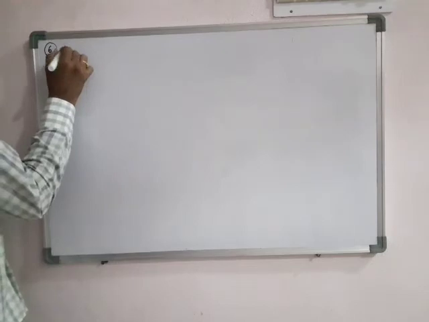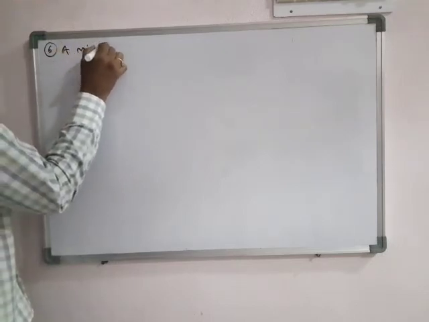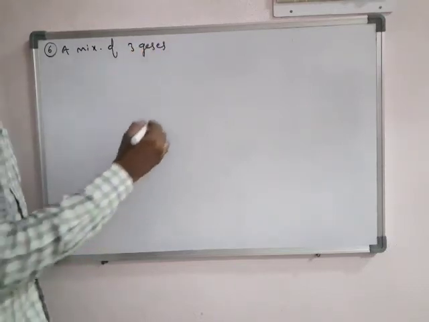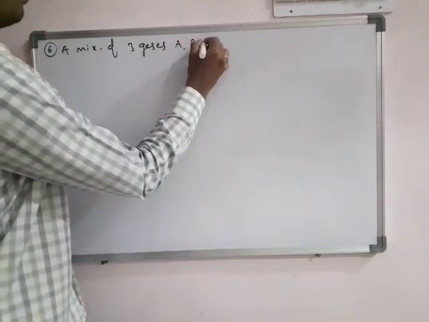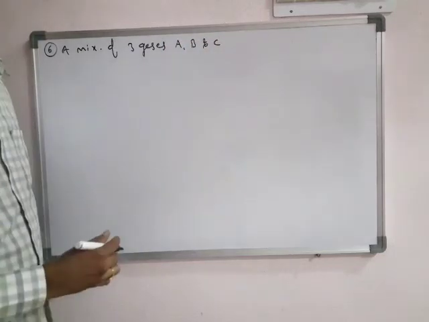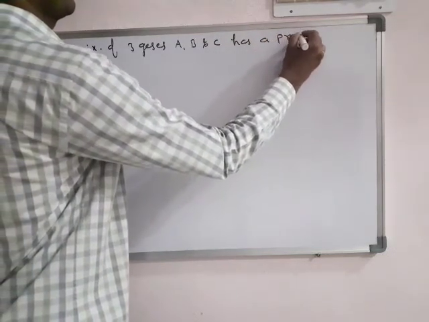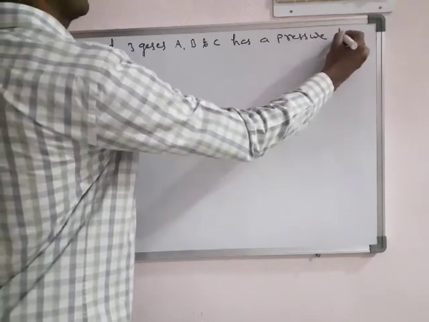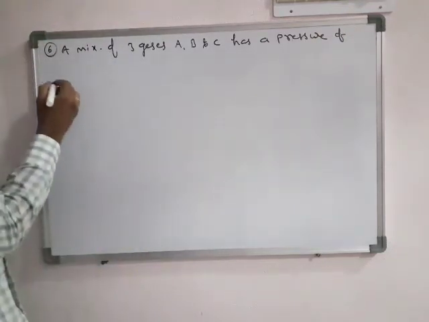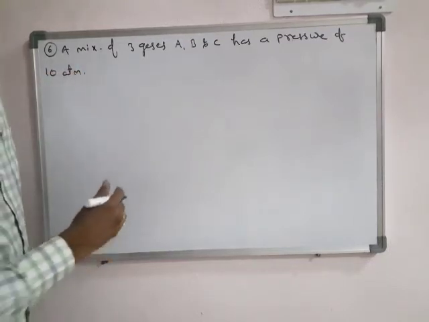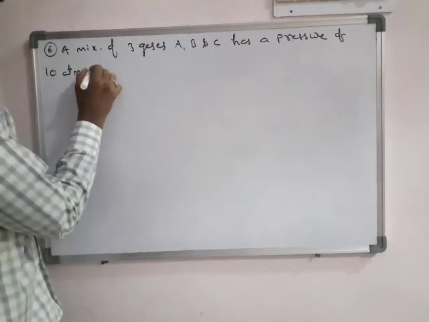Okay, see the last one. A gaseous mixture of 3 gases A, B and C has a pressure of 10 atmospheres.